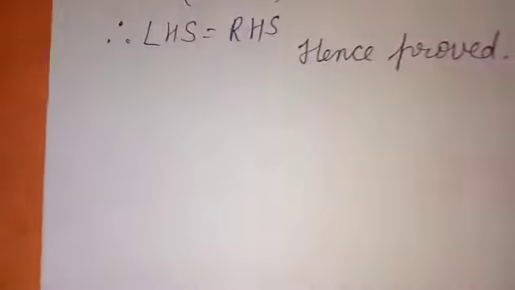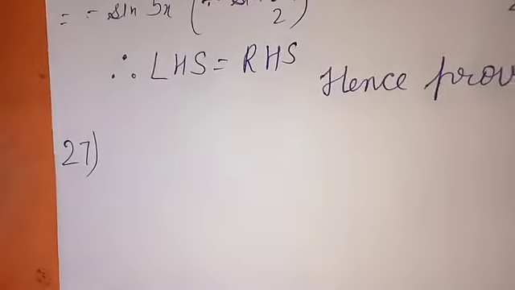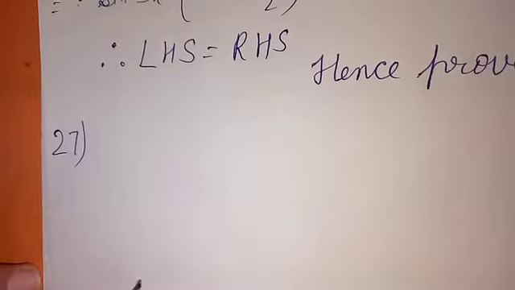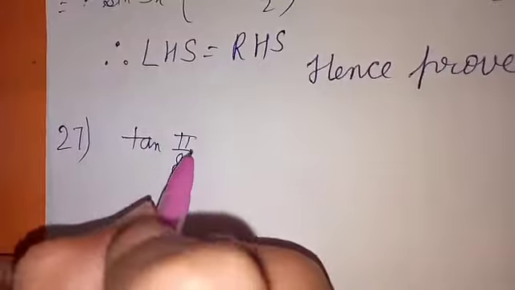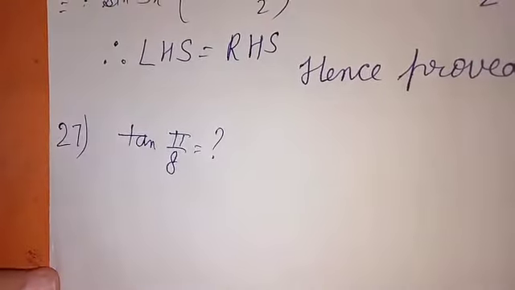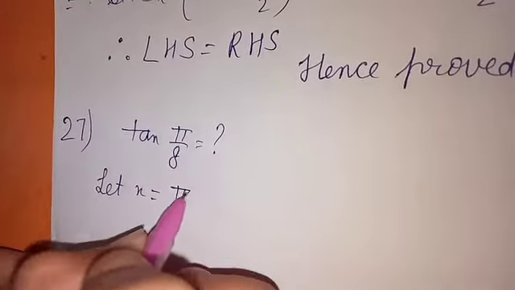Our next example is example number 27. In example number 27, we have to find the value of tangent pi by 8. Tangent pi by 8, we have to find its value. Now first of all, we can assume let x is equal to pi by 8.